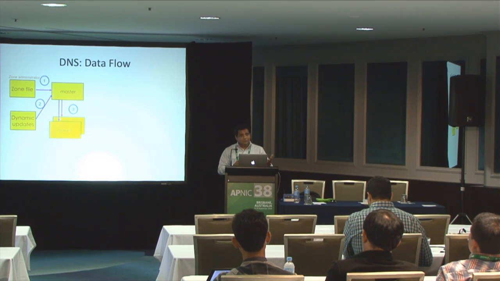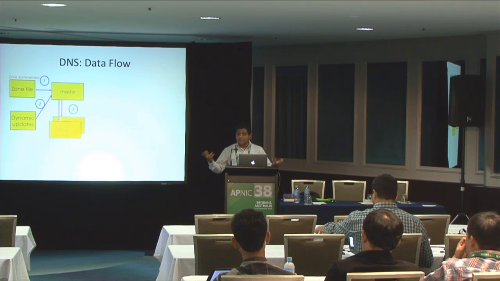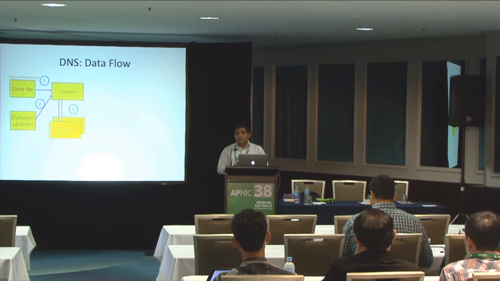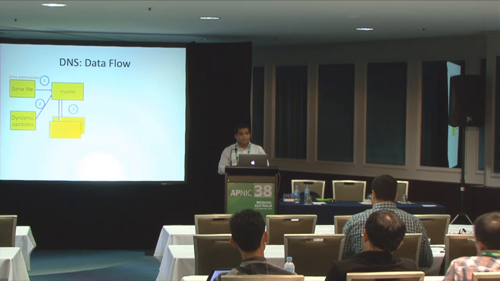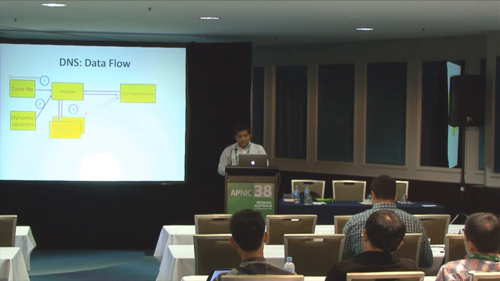So they should be serving the same data, whatever question you are asked, from whatever location. This is why we have to maintain the consistency. Again, we need to set some timing parameters to make sure that these secondaries are consistent with the primaries and get the zone data correctly from the primaries. Okay?